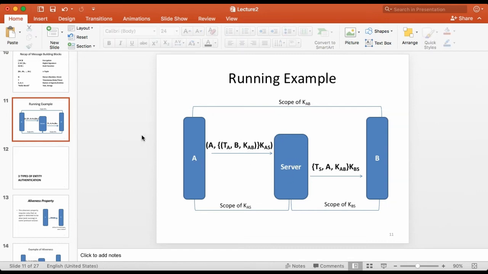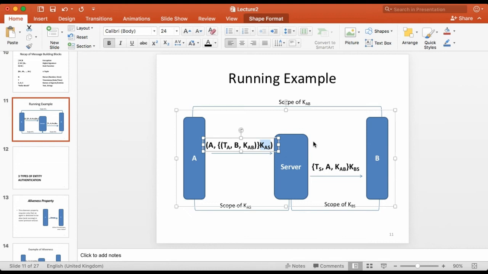So when the server receives this message, remember from what we said last week, that if a key is shared between two entities, they can both use it for the purpose of encryption and decryption. In this case, the server will look up in its internal database the key that it shares with A, and it will retrieve that key KAS.